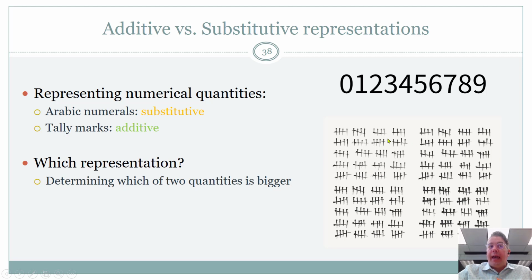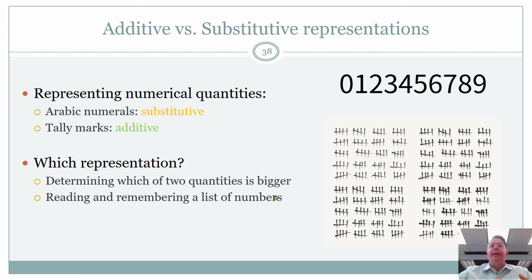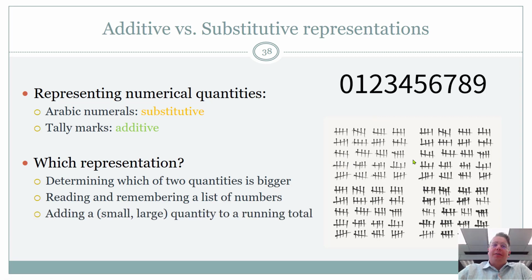I might argue that the additive representation, the tally marks, is better for that. But if I'm trying to remember the numbers on that license plate, I'm going to want to use symbolic representations and not tallies. Yes, tally me banana, that one would be good for additive.